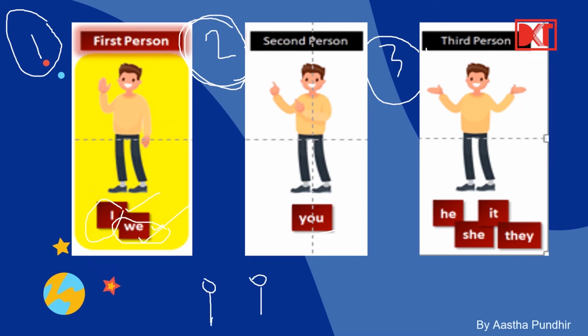And both of us are talking about another person who is not here. तो हम उसके बारे में बात करेंगे थर्ड पर्सन में. जैसे he is going to the mall today, or she did not come to school today.